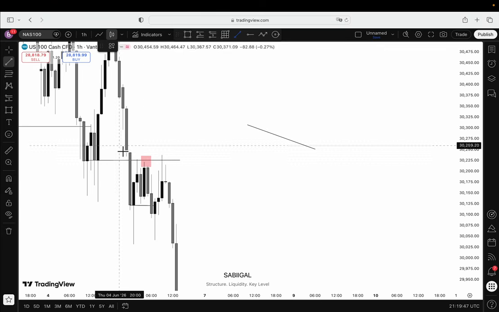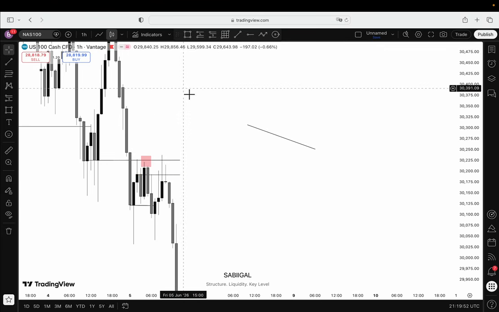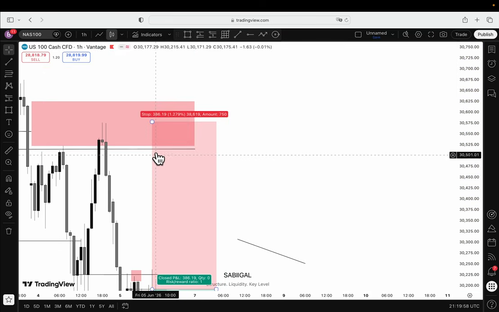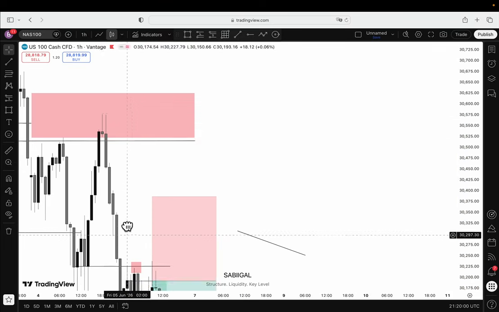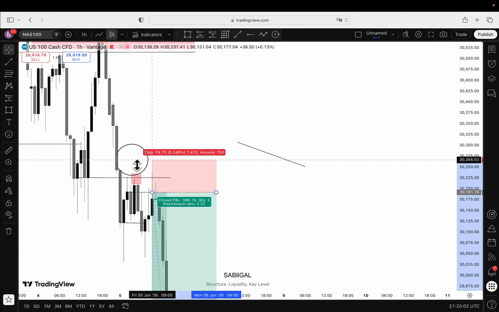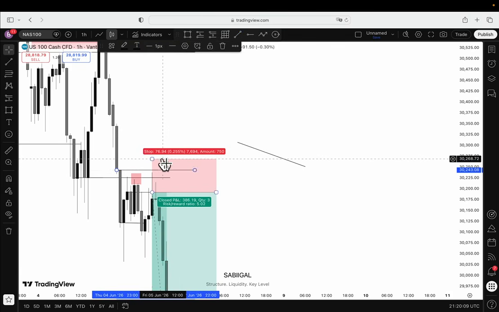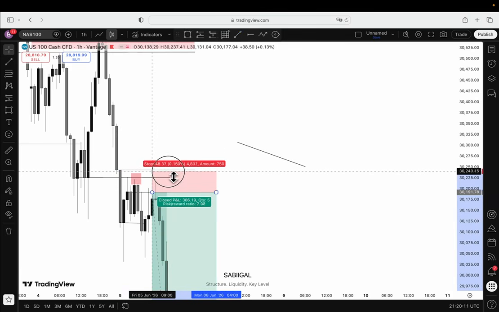So what did I do? I just took my QM here, and I took my sell position, and I just put my SL right above this open close here. Remember, there's an open close here, so putting my SL just below it is like as if I'm not seeing it.